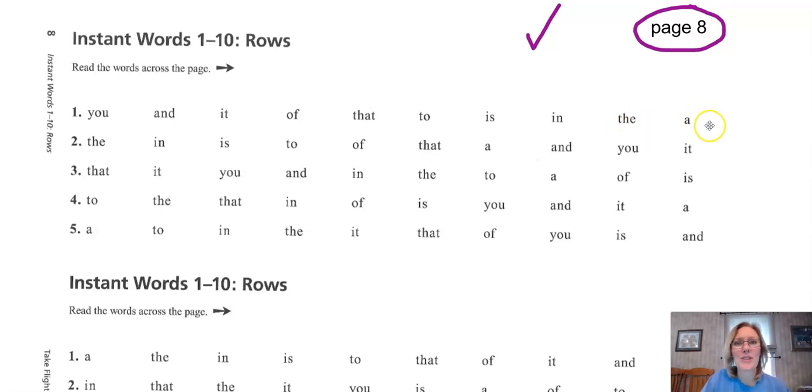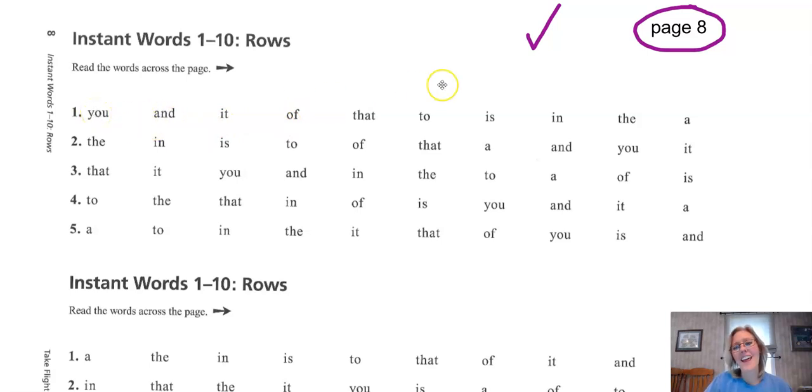So what I'm going to do is something fun that maybe even you could do. Let's go backwards through the list. I'll say it, you say after me. The, in, is, to, that, of, it, and, you.